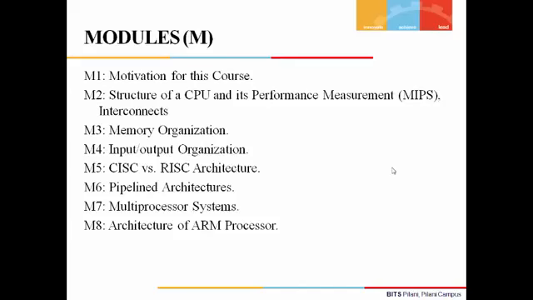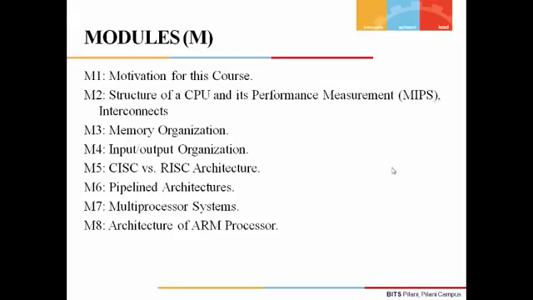CISC versus RISC architecture: why should we go for RISC, and in what scenario should we go for RISC architecture. In fact, nowadays in most embedded devices, for example handheld devices like a mobile phone, a television, a set-top box or a home theater system, RISC processors are more preferred.